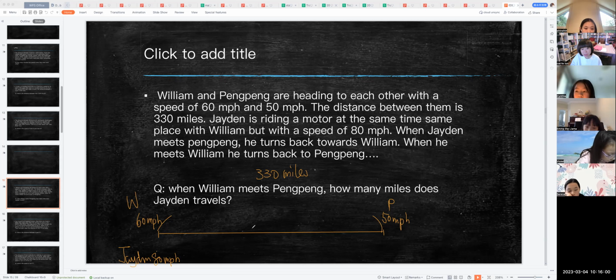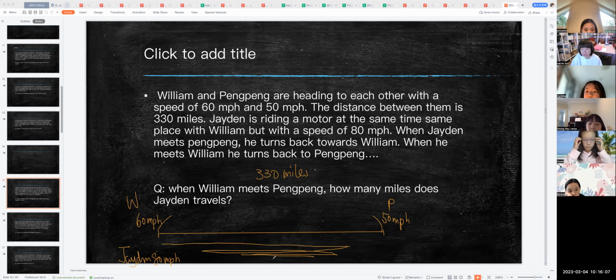And when he meets William, he turns back to Peng Peng. So Jaden keeps going back and forth in the middle, right? The question asks: when William meets Peng Peng, how many miles does Jaden travel?